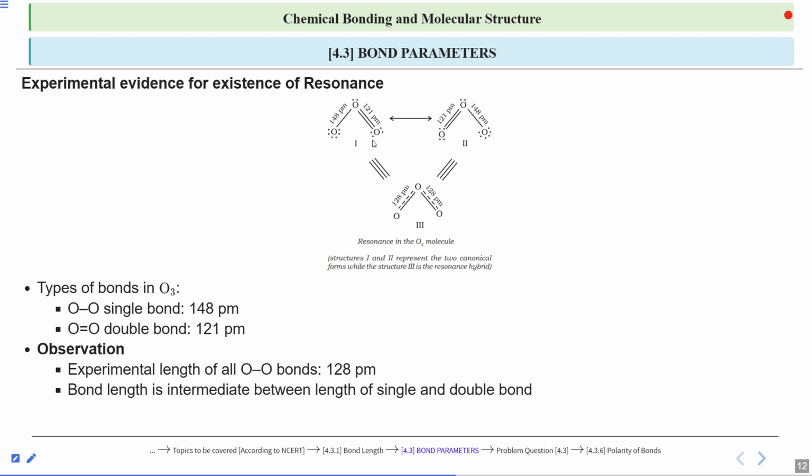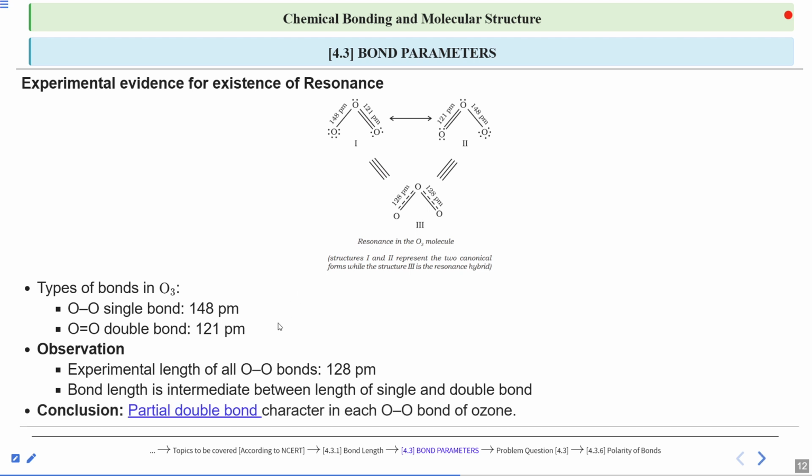Now what is the meaning of this intermediate? It means it is greater than 121 and less than 148. So it is in between these two, which equals 128 picometer. Therefore, we can say that these two bonds are neither single nor double. They are partially double, meaning more than single and less than double. I hope this point is clear to you.